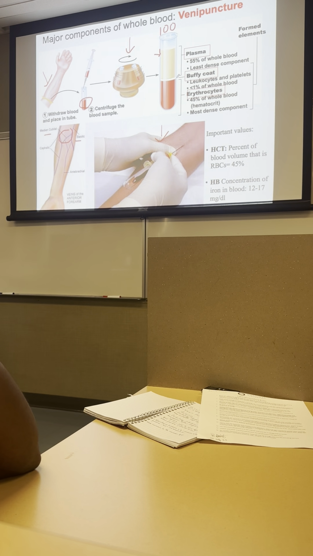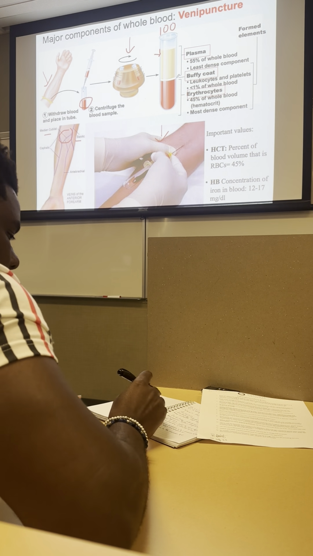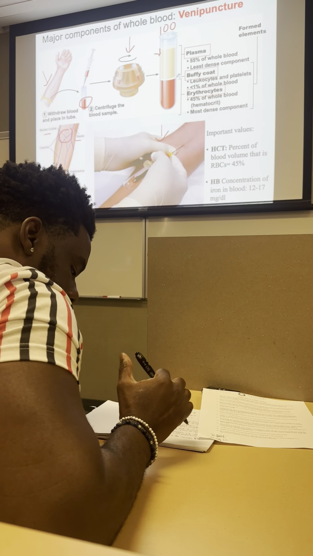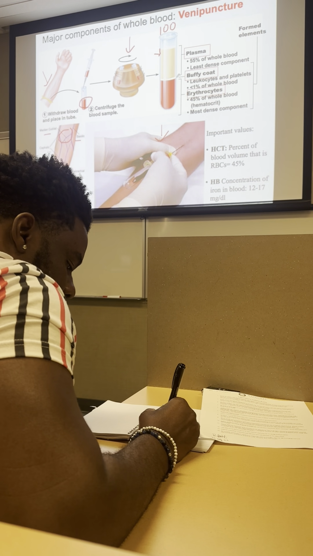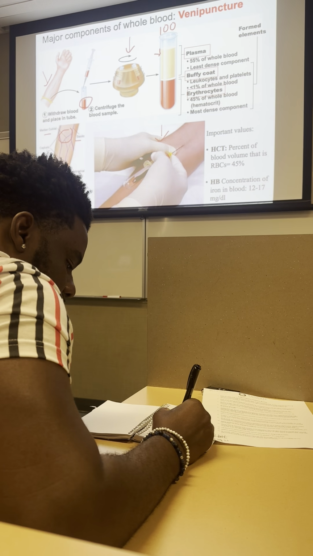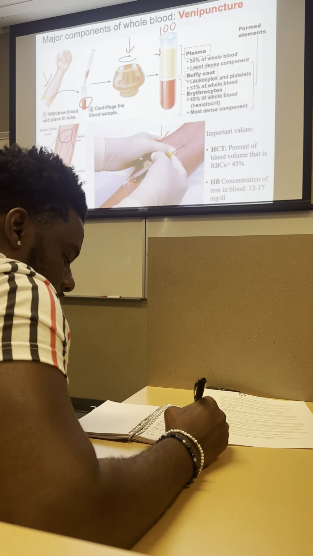Are your platelets in the erythrocyte column? No. Where are they? In the buffy coat. So your buffy coat has your WBCs and your PLTs. And that's less than 1%, by the way. Less than 1%.